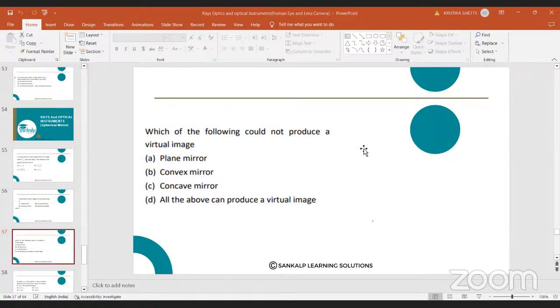Yes. Praveen, Danamma, Chandana, all are saying it as option D. How do the plane mirror, convex mirror and concave mirror all produce a virtual image? Yes or no?